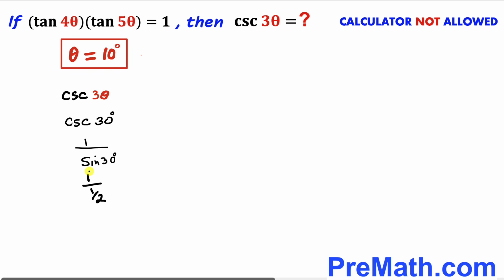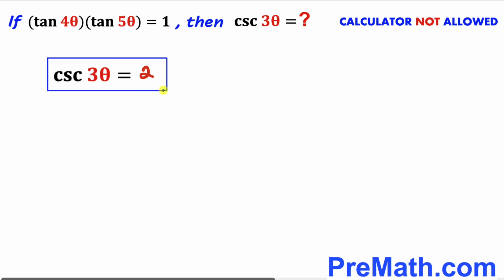And now we know this is going to be equal to simply 2. In other words, the value of cosecant of 3 theta turns out to be equal to 2. So thus, after all the calculations and manipulations, the value of cosecant of 3 theta turns out to be equal to 2. And that's our final answer.